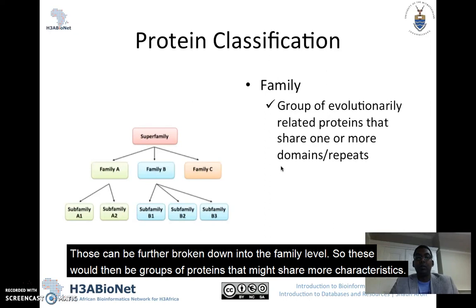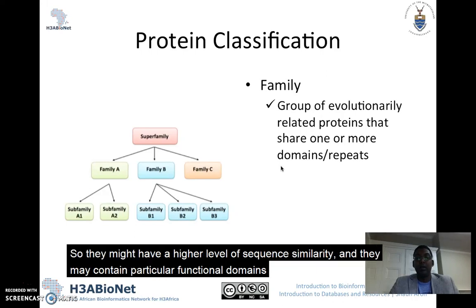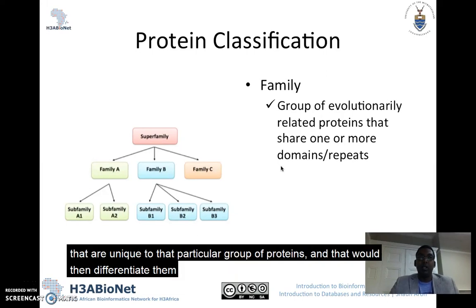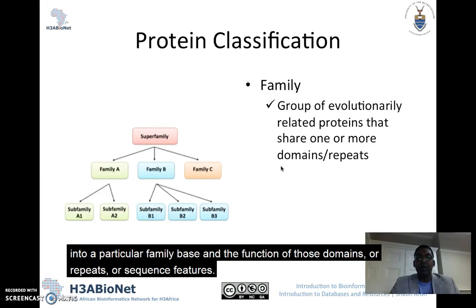These would then be groups of proteins that might share more characteristics. They might have a higher level of sequence similarity, and they may contain particular functional domains that are unique to that group of proteins, and that would differentiate them into a particular family based on the function of those domains, or repeats, or sequence features.